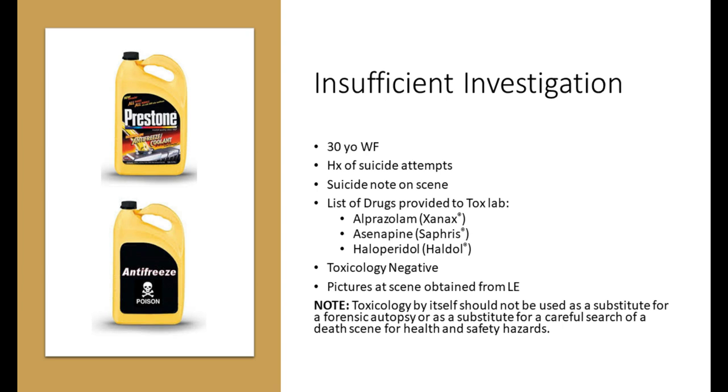This individual had a history of suicide attempts. There was a suicide note on the scene, and a list of drugs was provided to the toxicology laboratory, but it was all negative. Finally, pictures of the scene were obtained from law enforcement, and we find that there's some Prestone, which is antifreeze, which of course will cause a death if you drink it. But again, it's a special test.